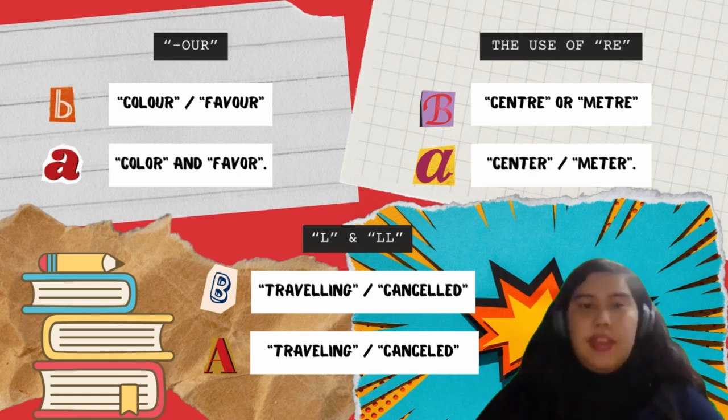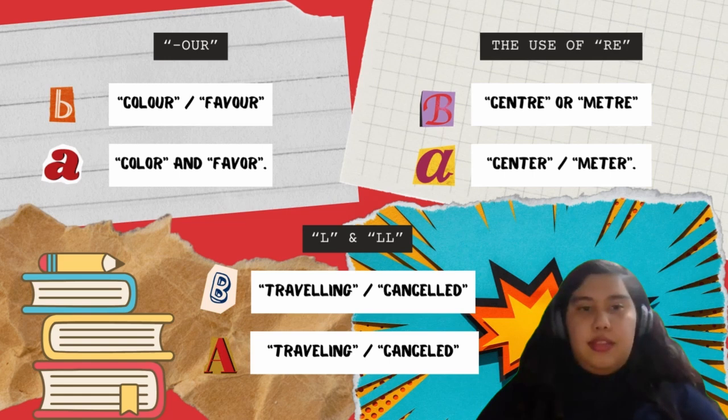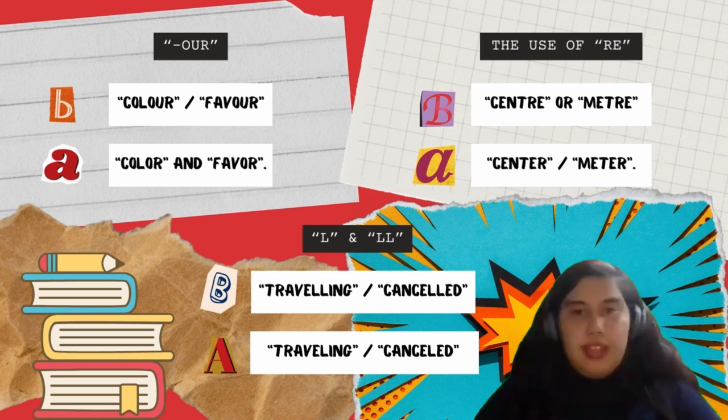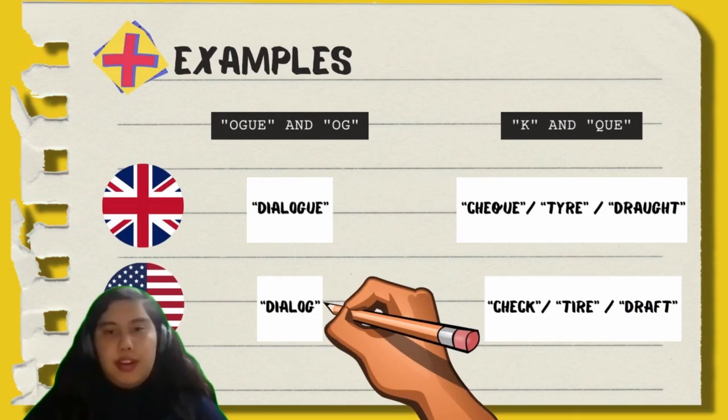Another significant difference is the doubling of consonants. In British English, words like travelling and cancelled often have a double L when adding a suffix. In American English, these words are spelled with one less letter, as in traveling, canceled.